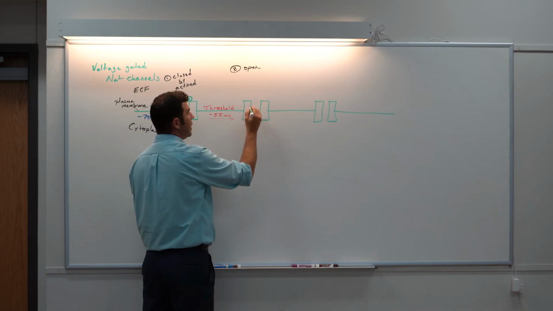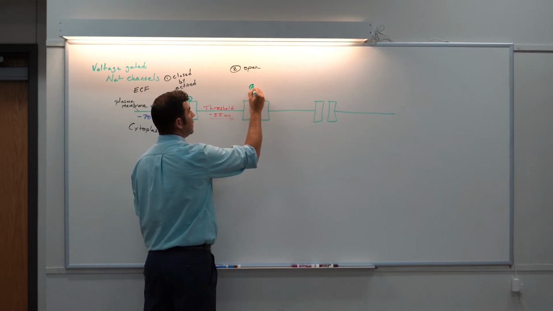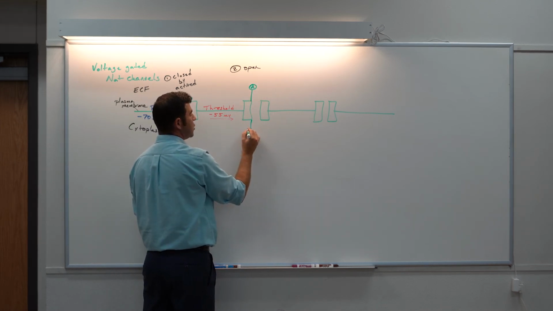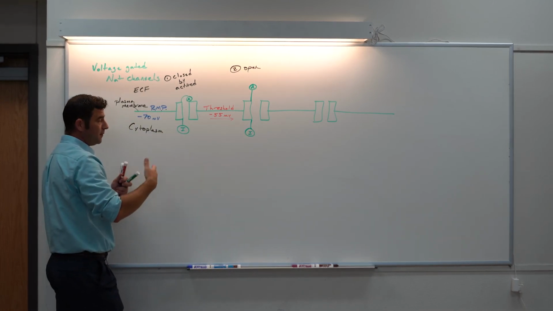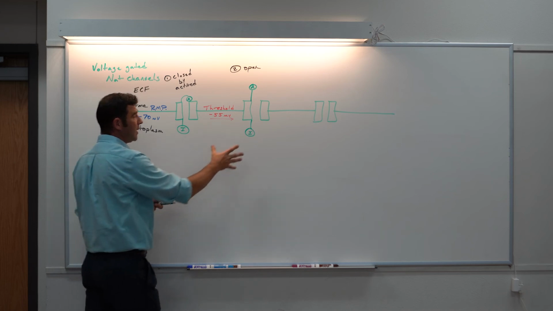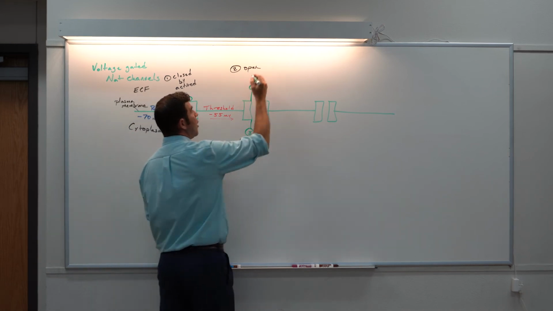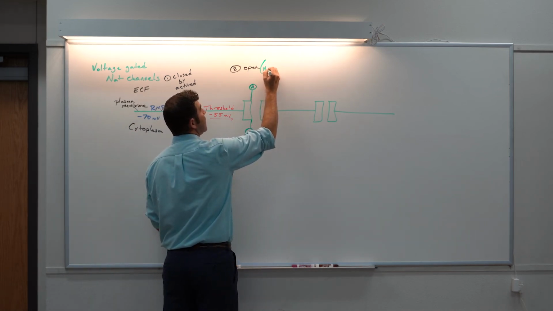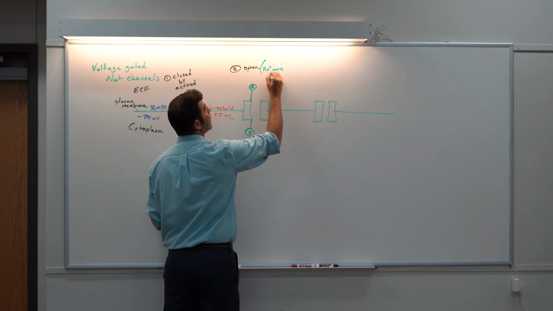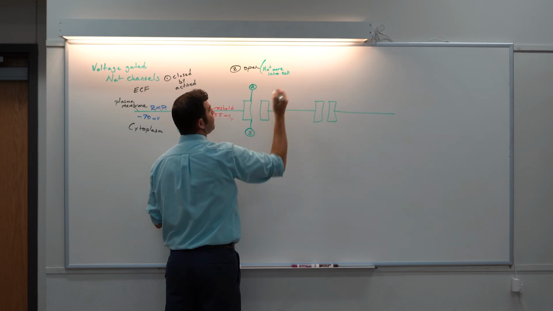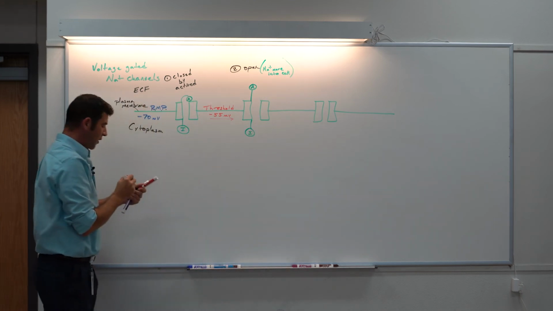This activation gate is going to spring open very quickly. Remember, the inactivation gate is already open. So now this voltage-gated sodium channel moves very quickly to the open position. And we know once in the open position, there's an influx of sodium ions. We can say they move into the cell. So that happens very quickly.